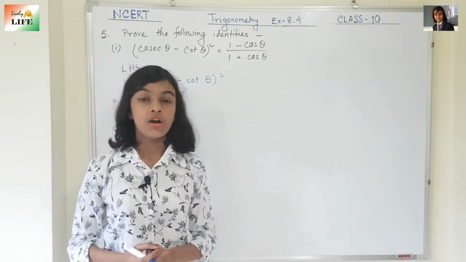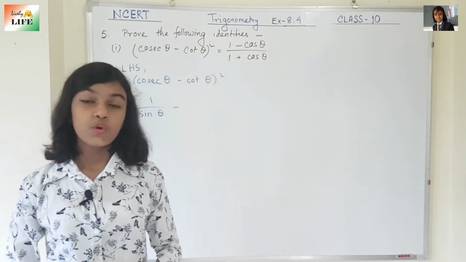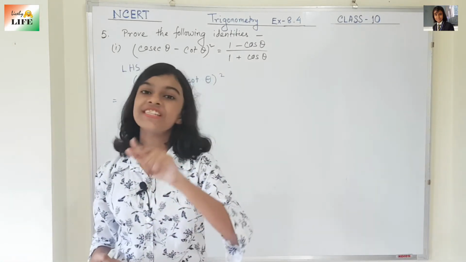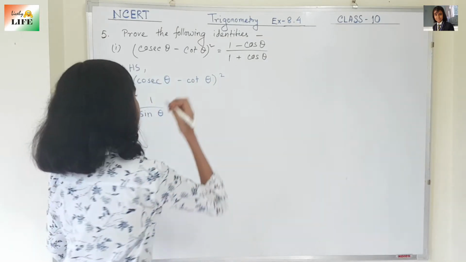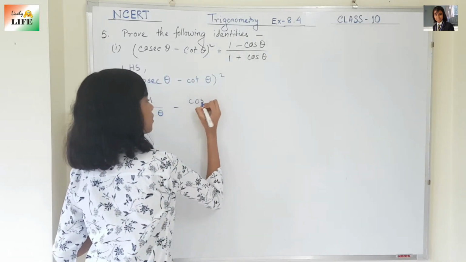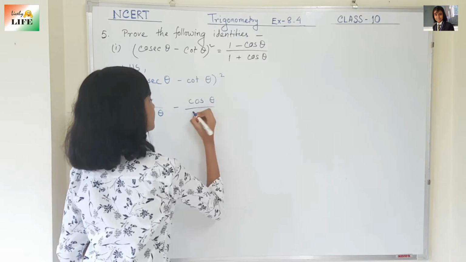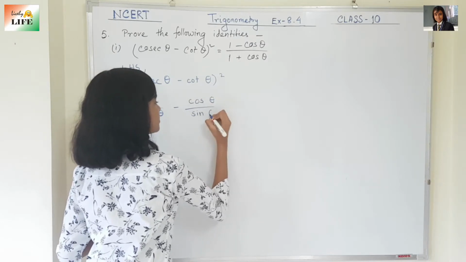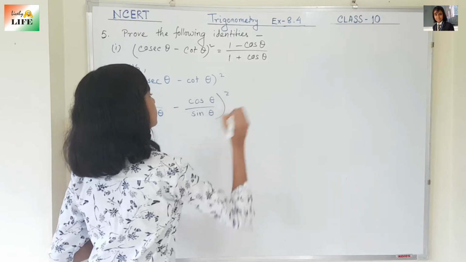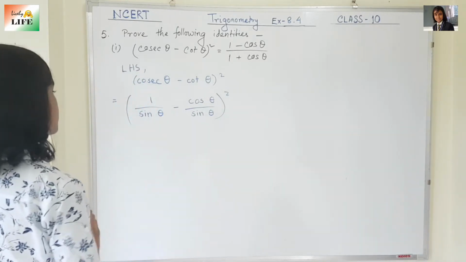Now cot theta, what have we learnt in the identity? We have learnt that cot theta is equal to cos theta by sin theta, right? So cos theta by sin theta whole square, understood?